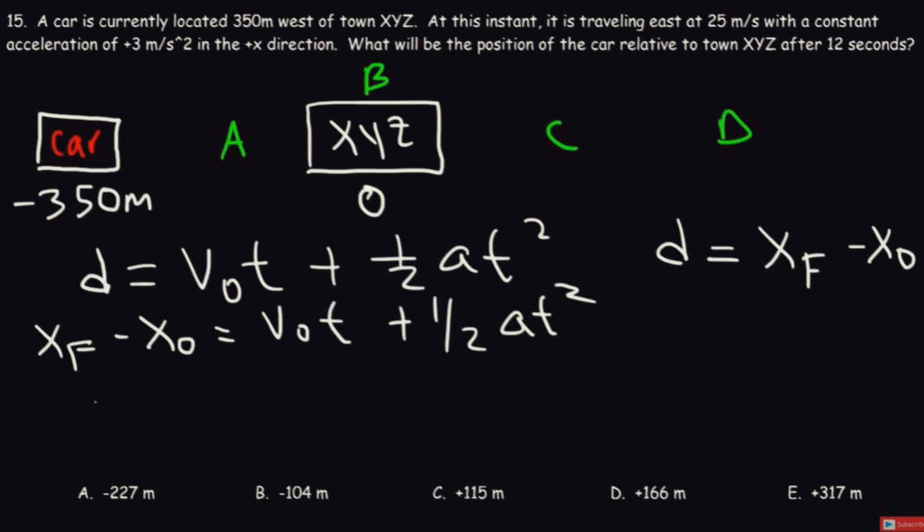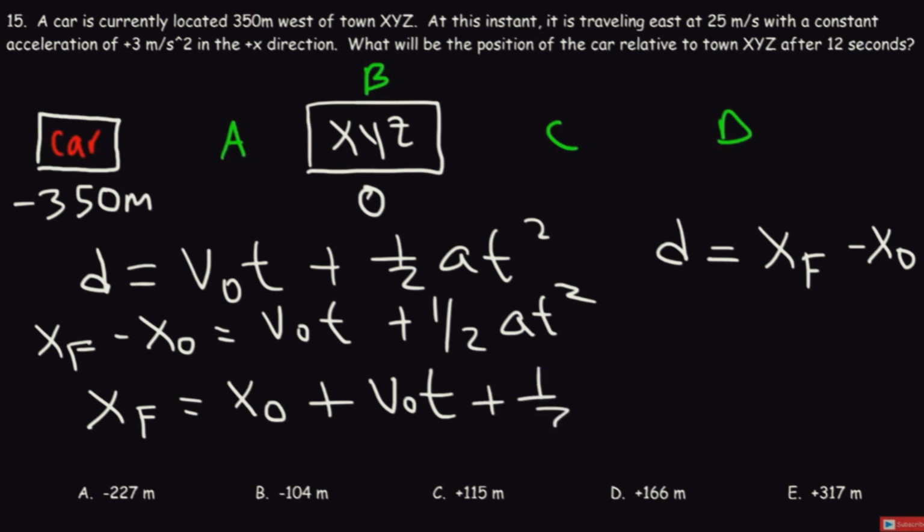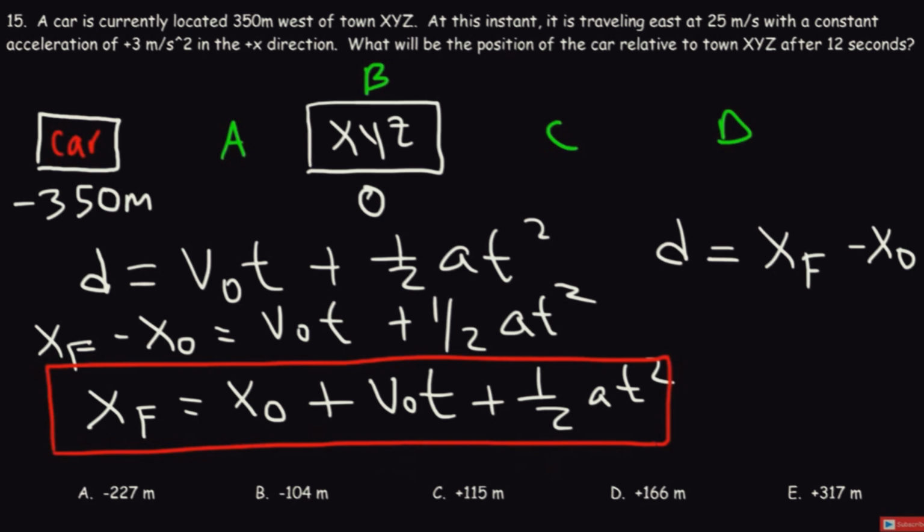The final position is equal to, I am going to move this to the right side, the initial position plus the initial velocity multiplied by the time plus 1/2 a t squared. This is the equation that you want to use to calculate the final position of the car relative to town XYZ.